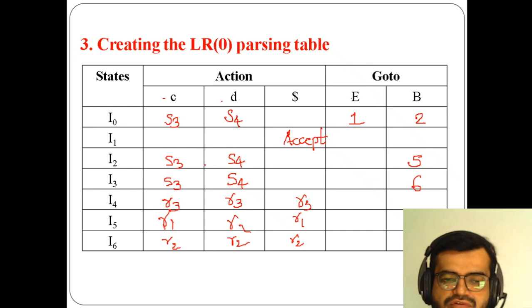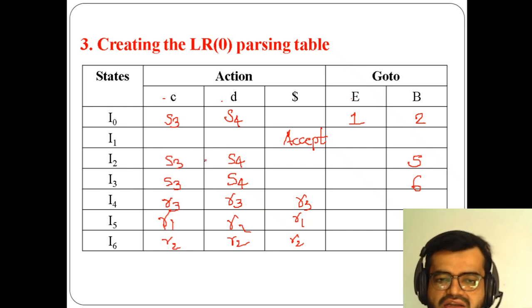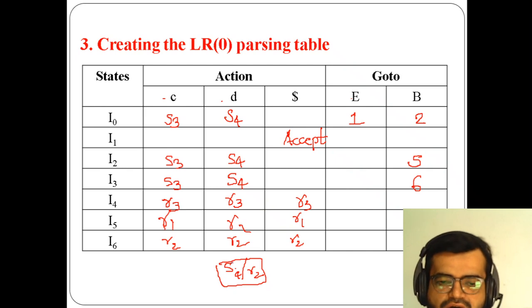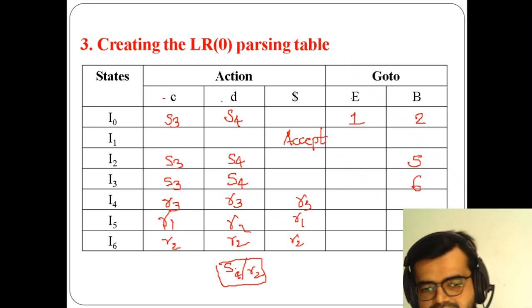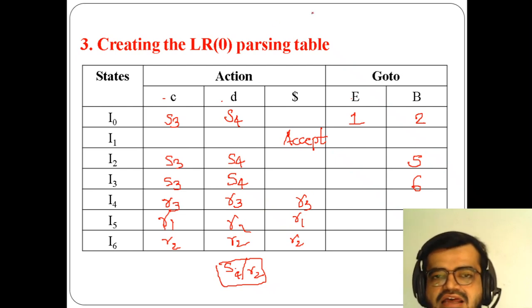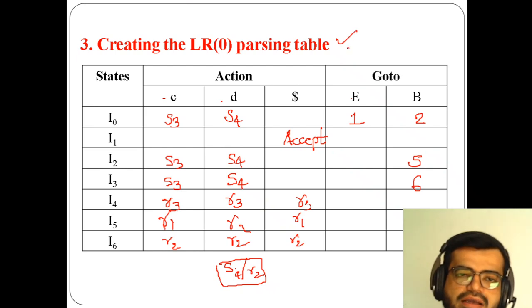If, for example, you have two shift operations in a single box, or a shift and a reduce such as S4 and R2 together, if such a conflict comes in the box, then this grammar will not be an LR(0) grammar. So by the parsing table one can say that this grammar is an LR(0) grammar.